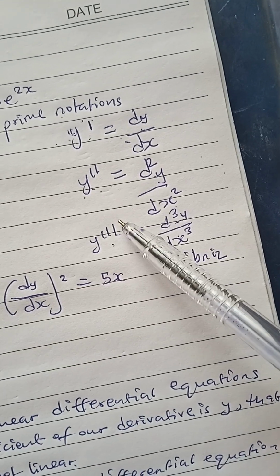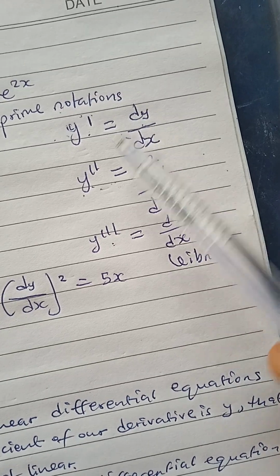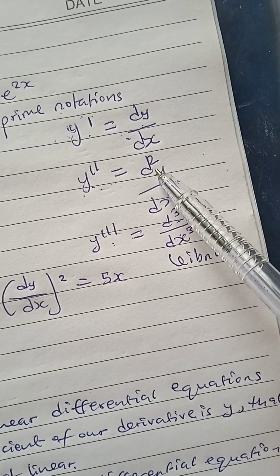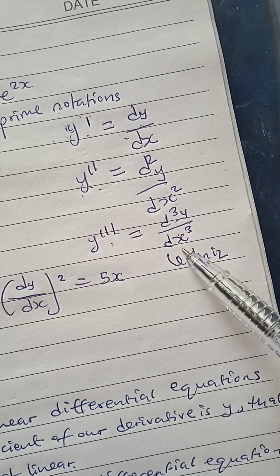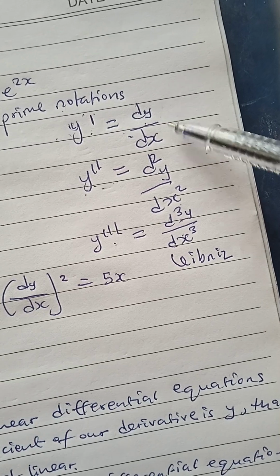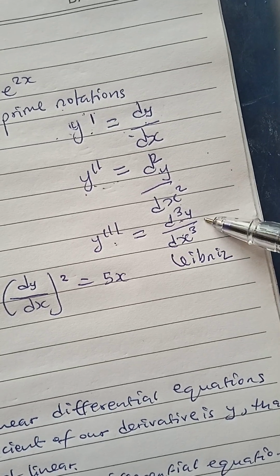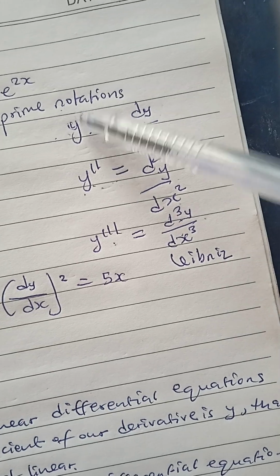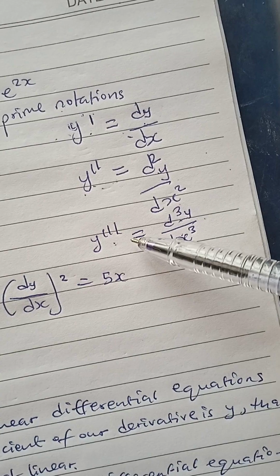So dy over dx is first order, d squared y over dx squared is second order, d cubed y over dx cubed is third order. Y prime is the first order, y prime prime is the second order, y prime prime prime is the third order.